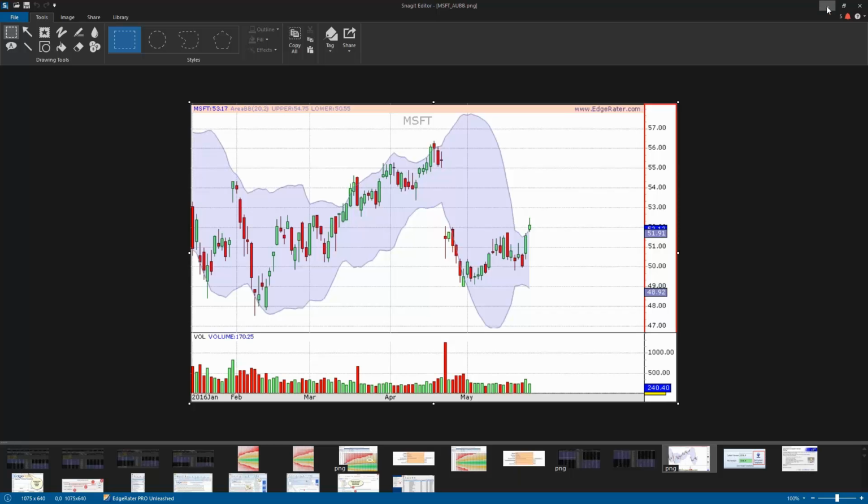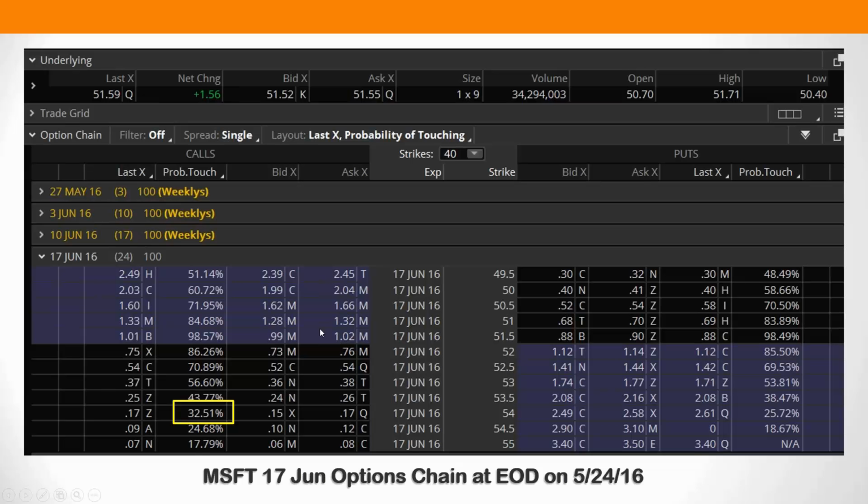So the probability of touching is one way that options traders or options pricing reflects what could possibly happen to a stock. So on Wednesday, 5/24, the day before it broke above its upper Bollinger Band, you can pull up a chain here, and I'm looking at the June 16, 24 days to expiry, and Microsoft itself at the end of the day, the last trade was 51.59.